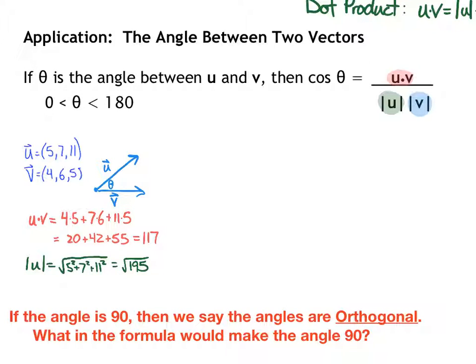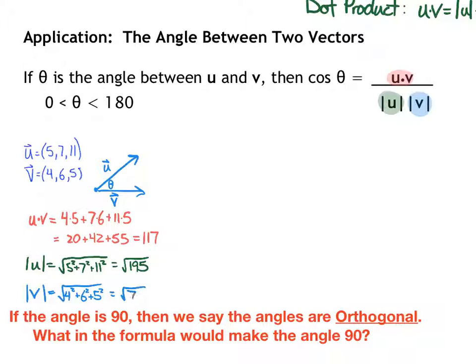Okay? And then we do the magnitude of v. Same thing. 4 squared plus 6 squared plus 5 squared, which is 25. Alright, so 25 and 16 and 36. 16 and 36 would be 52, and 25 is 77.